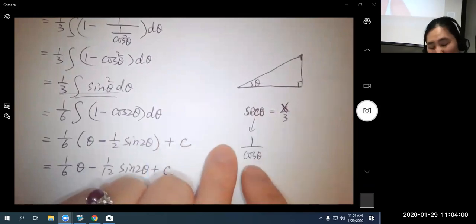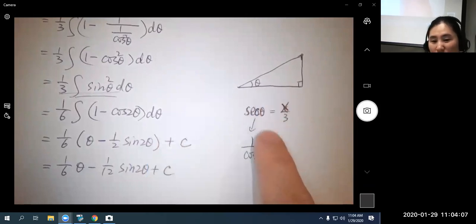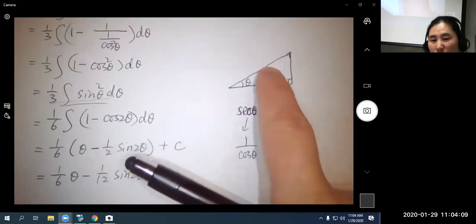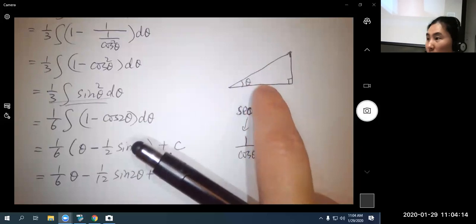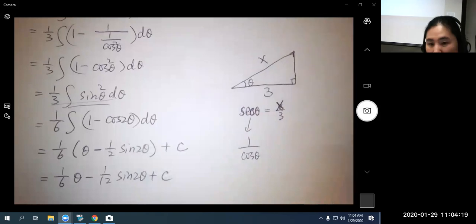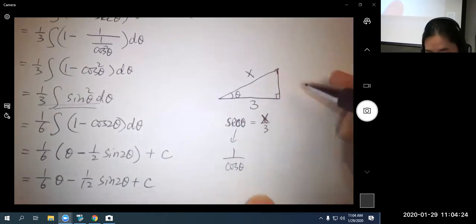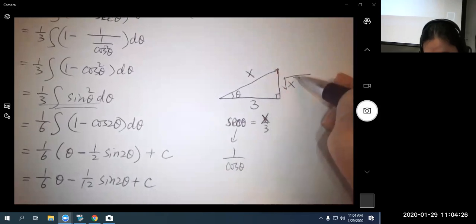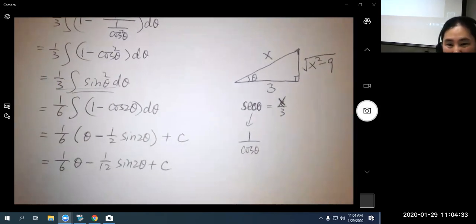Yeah. So we know cosine is what? Cosine is adjacent over hypotenuse. But 1 over cosine is hypotenuse over what? Adjacent. So x is the hypotenuse, and 3 is the adjacent. By using the Pythagorean theorem, what is the length of this side? Square root of x squared minus 3 squared, which is 9.